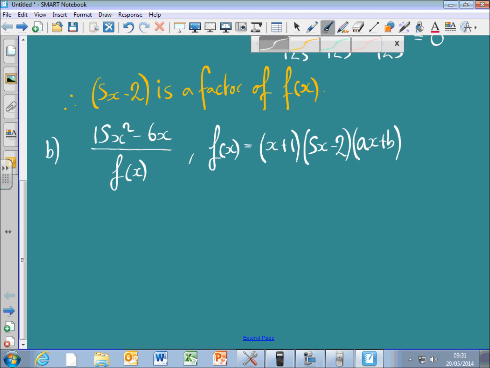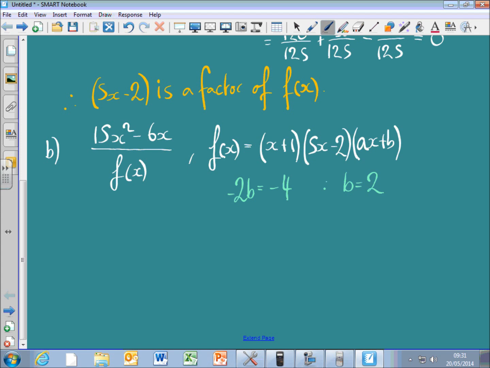Okay, so just by equating the coefficients, if I do 1 multiplied by -2 multiplied by b, so -2b, that's going to give me the number term when I expand all of this, and the number term should equal -4, so that gives me that b is equal to 2. And when I multiply the x terms, x, 5x and ax, that's going to give me the x cubed term, and that's got to equal 15.